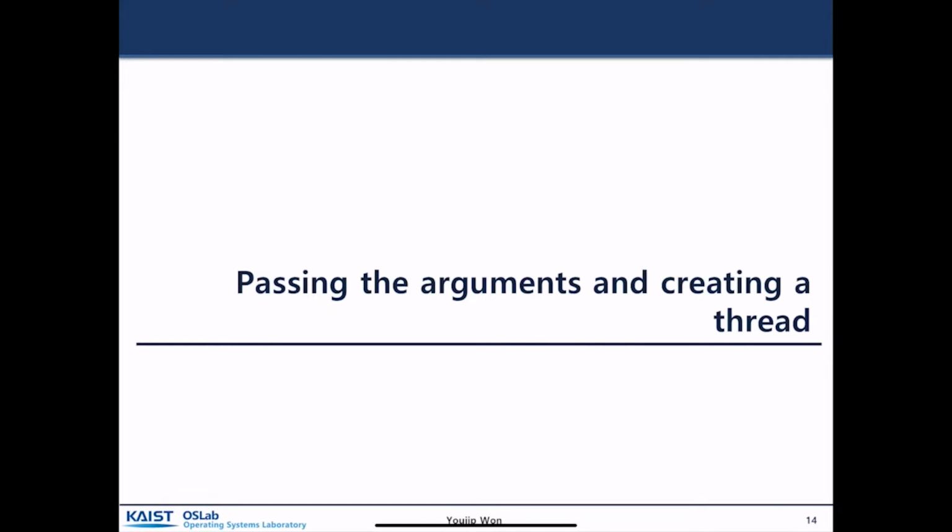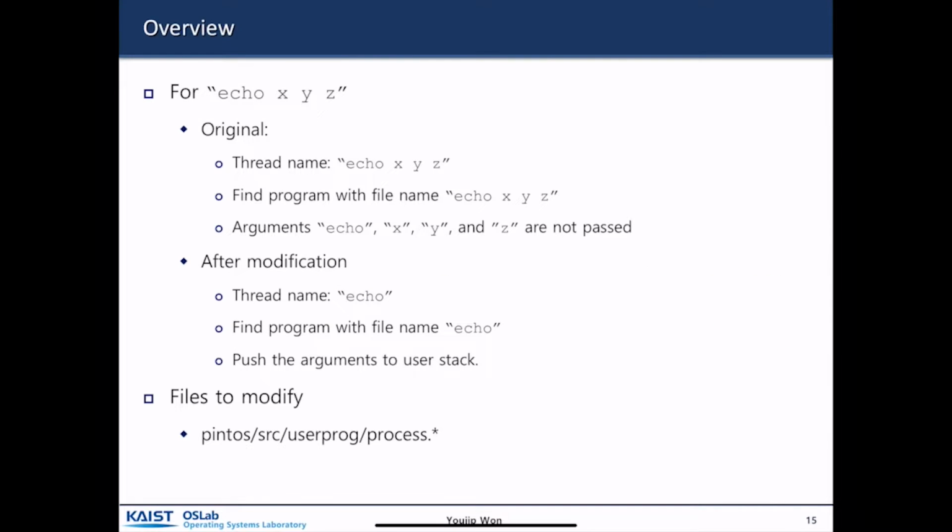First thing is we need to implement a mechanism for passing the arguments and creating a thread. Currently Pintos does not have a mechanism to tokenize the command line argument. So it just passes the entire command line for process execution. So we have to modify the code.